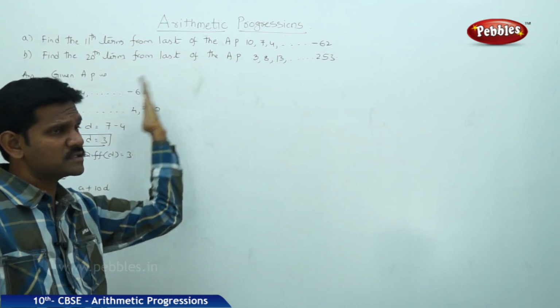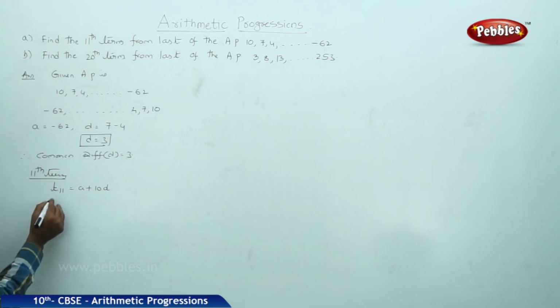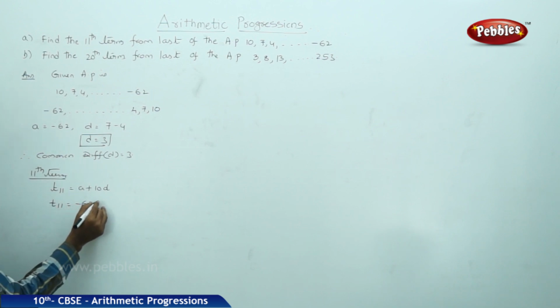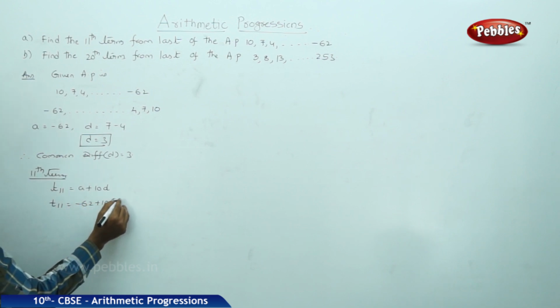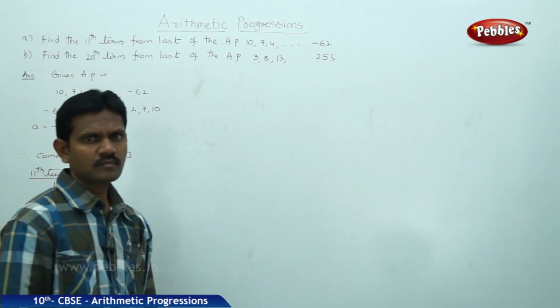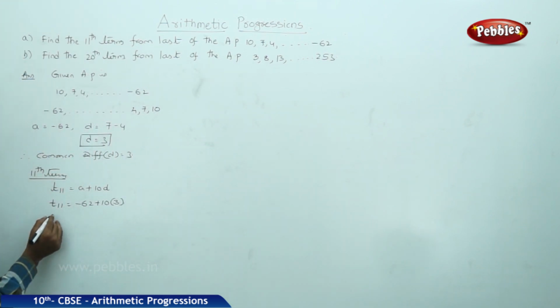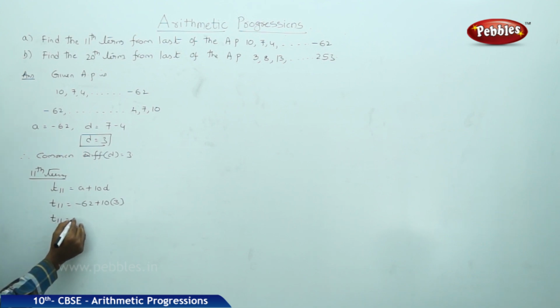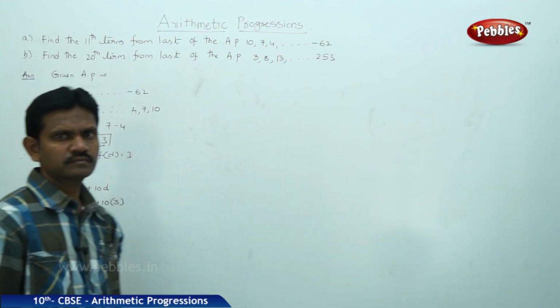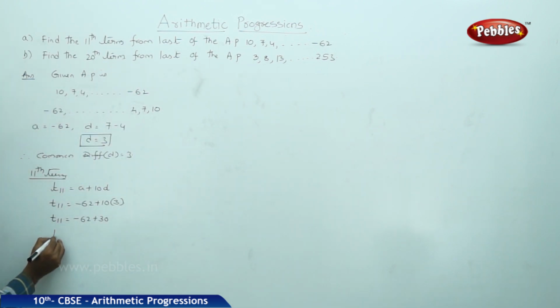That is, the data is reversed. Now 11th term T11 is equal to A, minus 62 plus 10 times 3. That is T11 is equal to minus 62 plus 30. That is T11 is equal to minus 32.